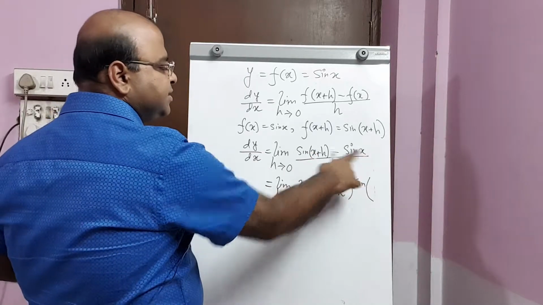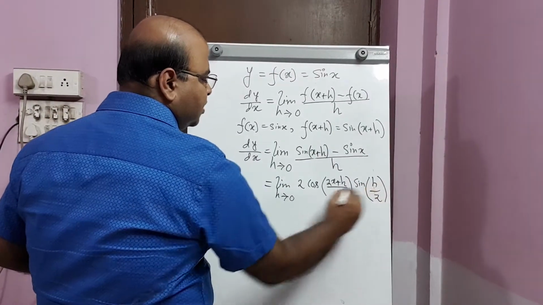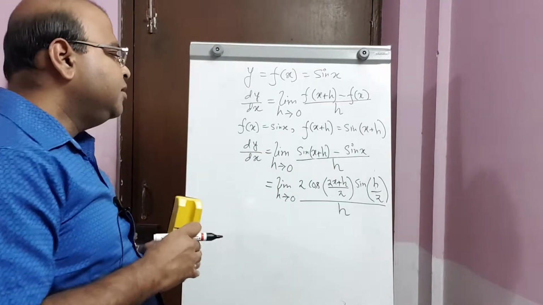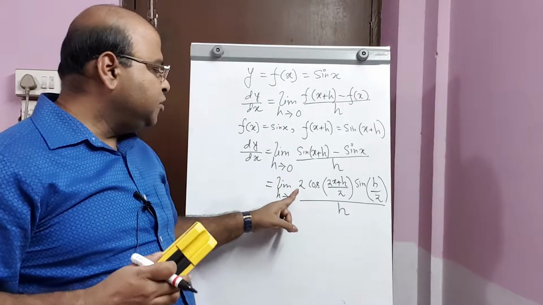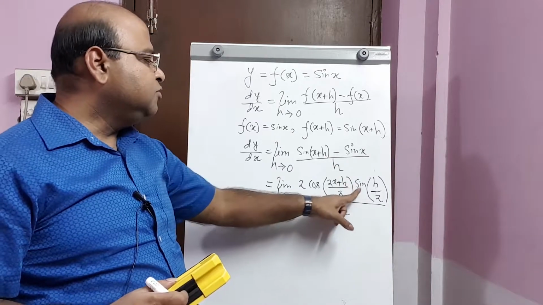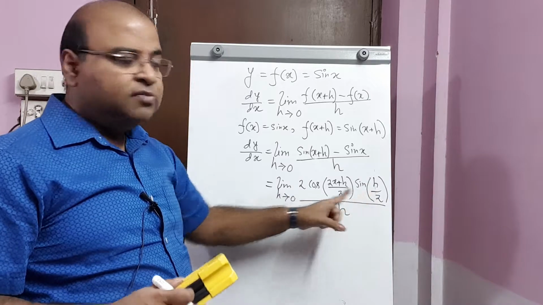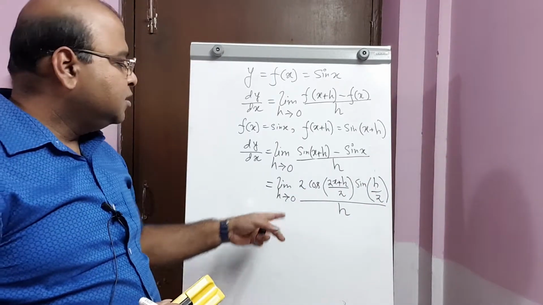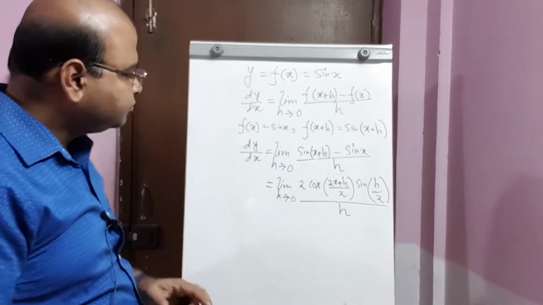So c minus d, x will get cancelled. So we have h upon 2 and whole divided by h. So here we apply the formula sin c minus sin d given by 2 cos of the sum of these two angles, (c + d)/2, into sin of the difference of the two angles, (c - d)/2. You will find this formula in the trigonometry lessons in the chapter known as the transformations of sums and products.